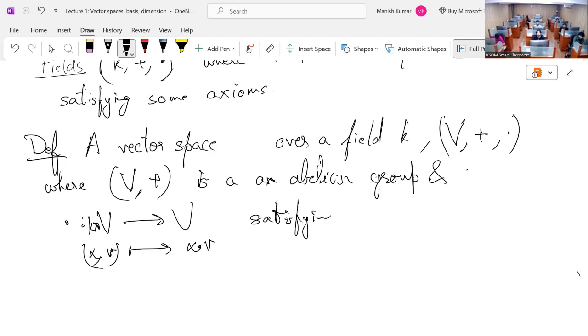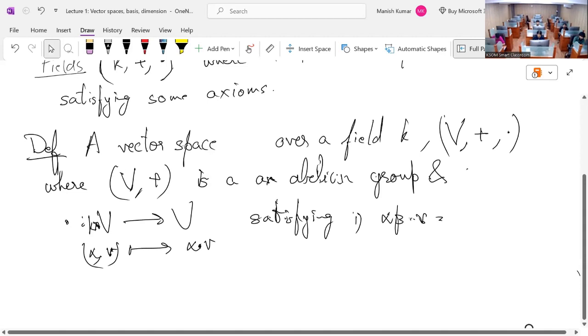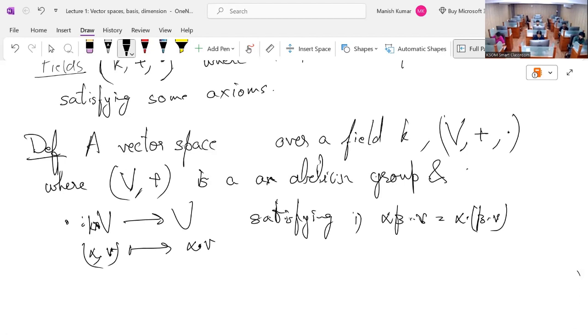some axioms. First, alpha beta dot v is alpha dot beta dot v. Secondly, the distributive laws: alpha plus beta, where this sum is in the field.